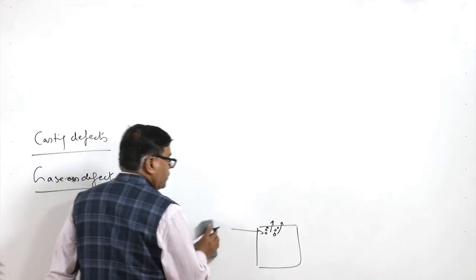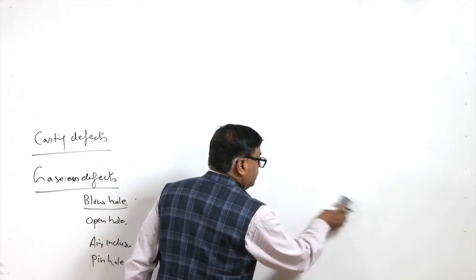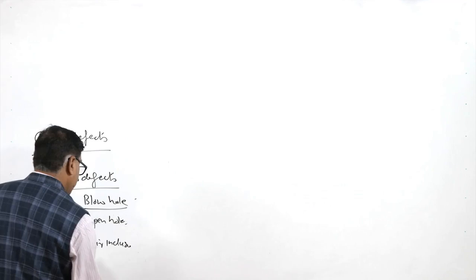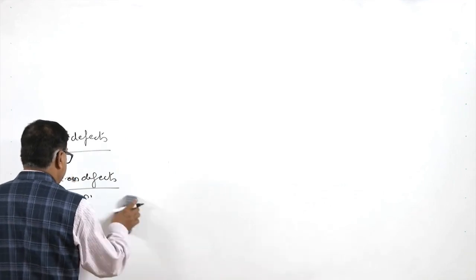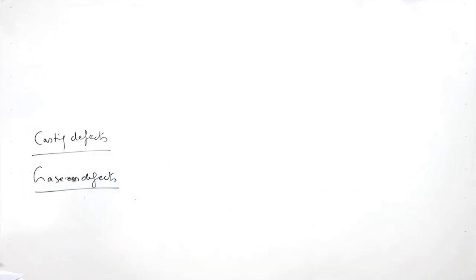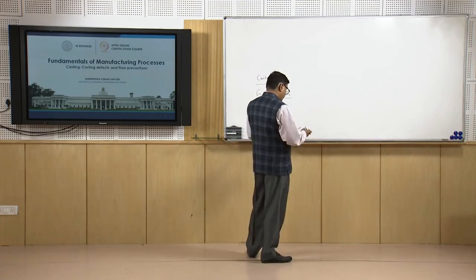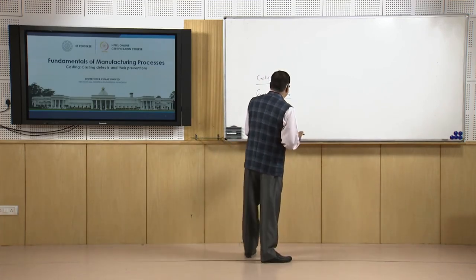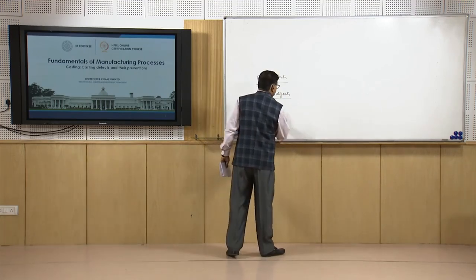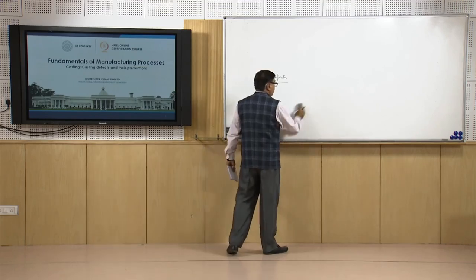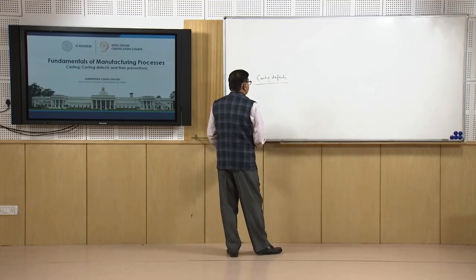So, we need to control the temperature of the molten metal, and proper degassing is needed in order to take care of such issues related to hydrogen porosity. So, proper degassing and control over the pouring temperature are needed in order to reduce the issues related to hydrogen porosity.